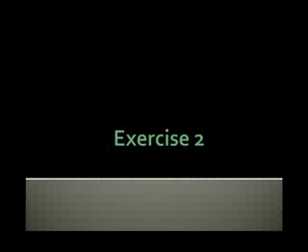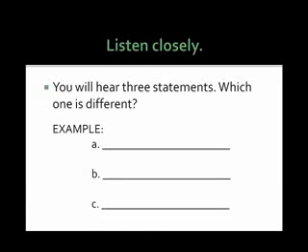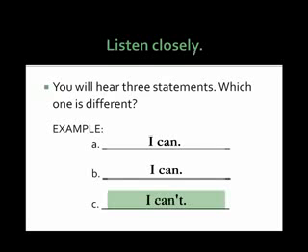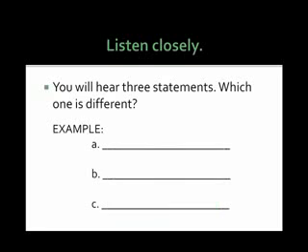Exercise 2. Listen closely. You will hear 3 statements. Which one is different? Example. I can, I can, I can't. I said, I can, I can, I can't. C was different. Let's go on to number 1.